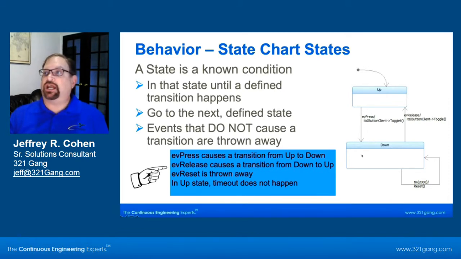I get an EV press and I go into the down state. As soon as I go in, I start a timer for this timeout. If the timeout occurs, I take this action of reset and I go back into the down state. I stay in that down state. Why? Because I haven't gotten the release to go back to the up state. It's really all it is.